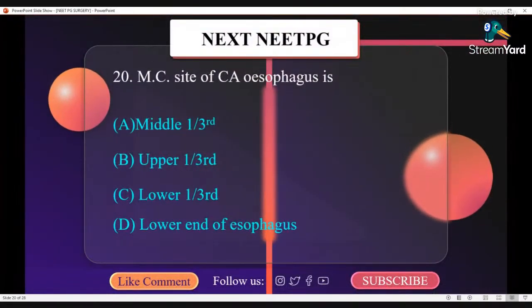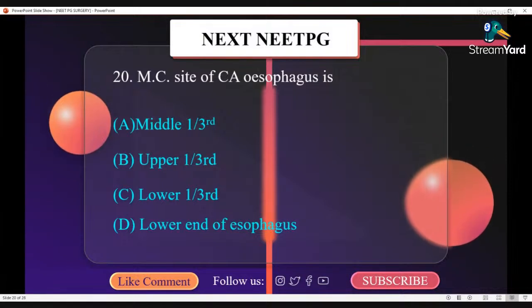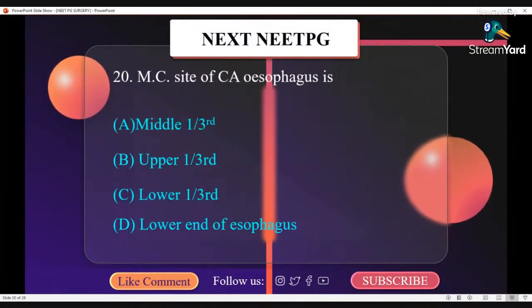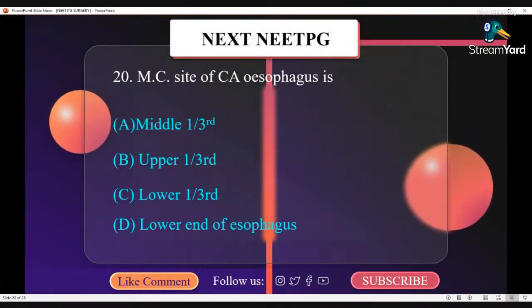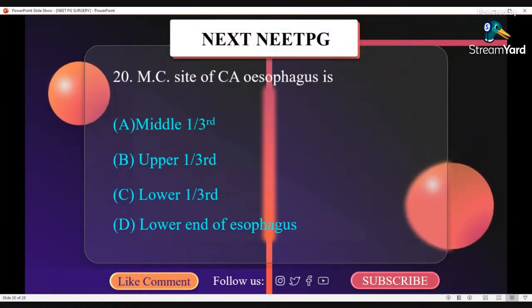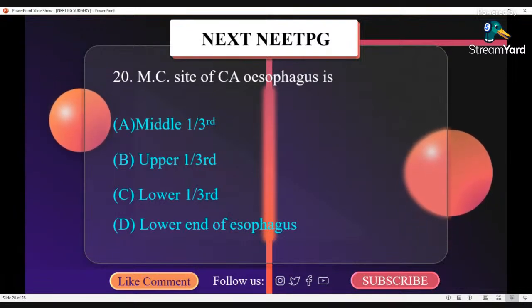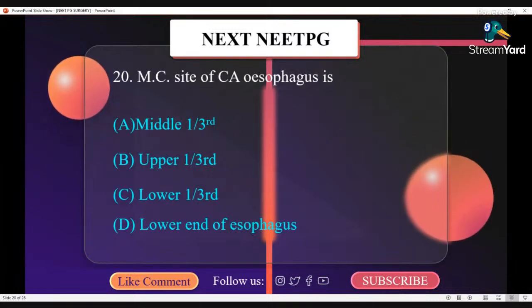Most common site of CA esophagus is: this CA esophagus is a very important topic. The most common site of CA esophagus is A, middle one third. Correct option here is A, middle one third.